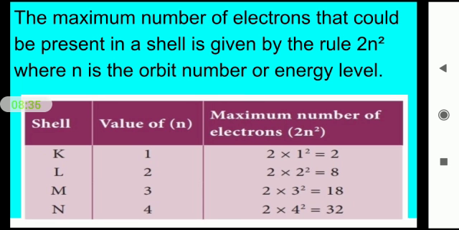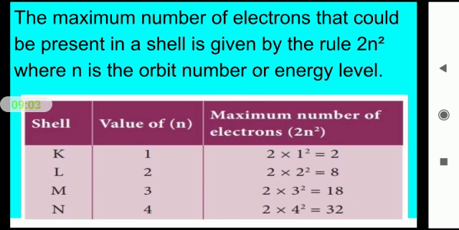In the K shell, the orbit number is 1. So the maximum number of electrons calculated by the formula 2n square is 2 into 1 square, which is equal to 2. In the L shell, the orbit number is 2.